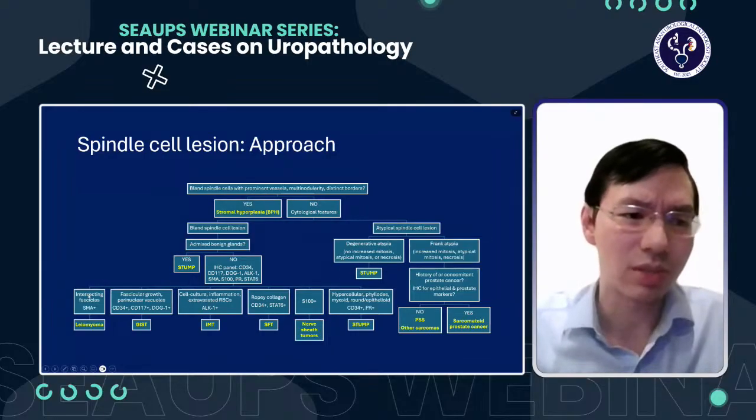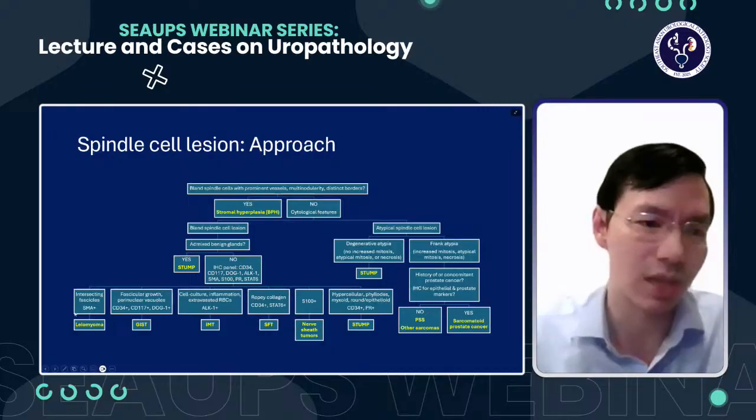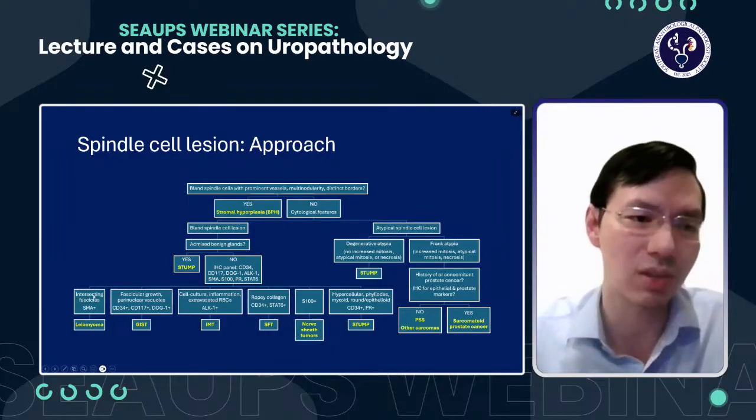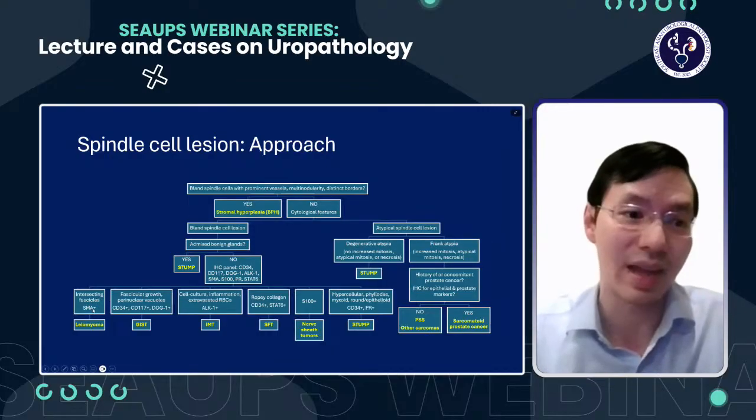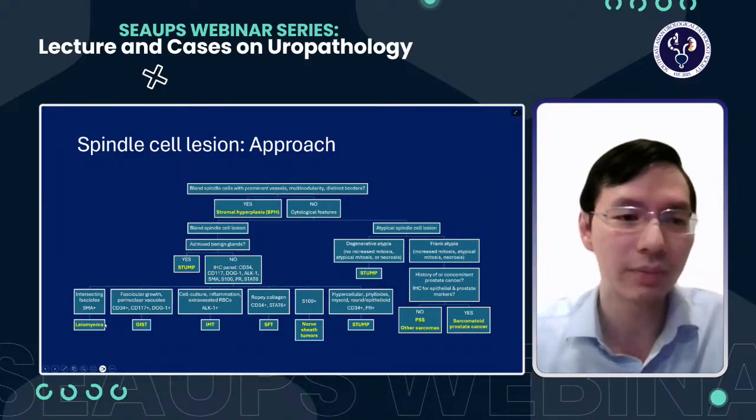And you can also use some morphological clues to guide you. If you see intersecting fascicles, then you might throw in an SMA, and if that's positive, then it's probably a leiomyoma.